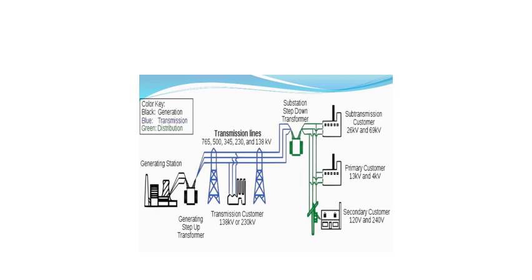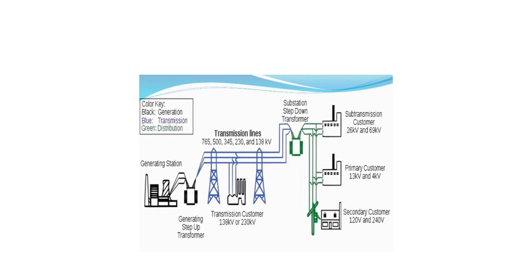In the generation station, we generate electricity, and after generation, we use a step-up transformer so that we can increase the power and higher voltage. We use higher voltage to transmit from one place to another.